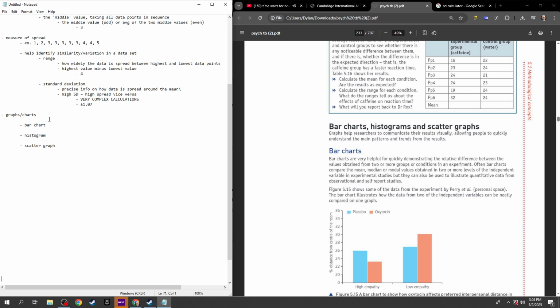They allow for communication of results visually, and easier understanding. So the bar chart.